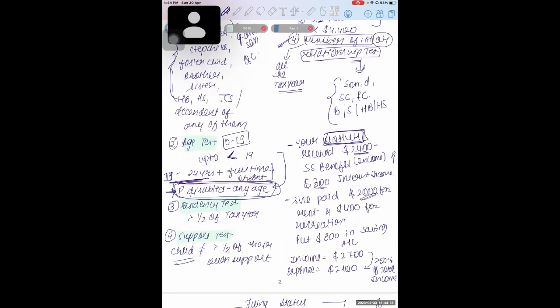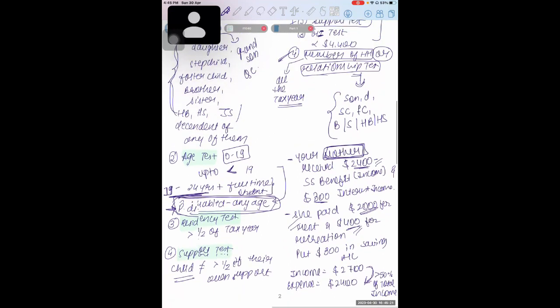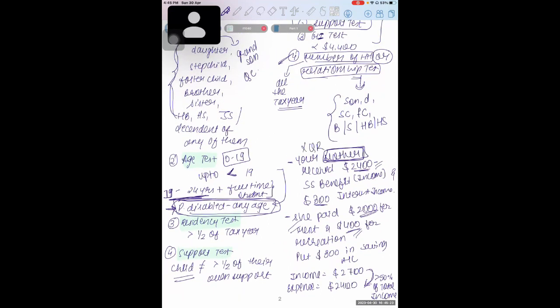This 2,000 and this 400 should have been spent by you to claim your mother as a dependent, as a qualifying relative on your tax return. She is paying her own rent. She is paying her own expenses out of her income only. So more than 50% of her support is being paid by her and not by you. So mother will not be considered as a qualifying relative.